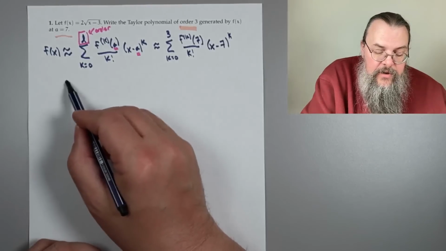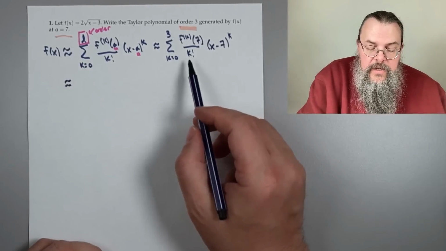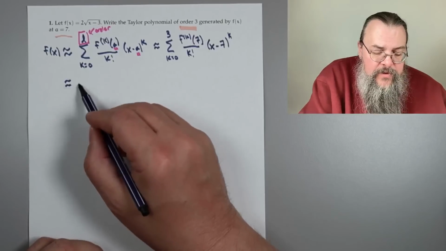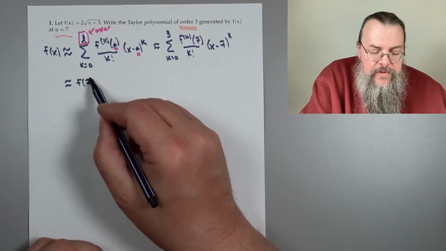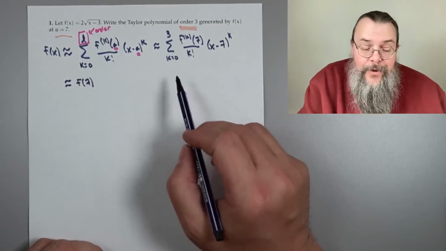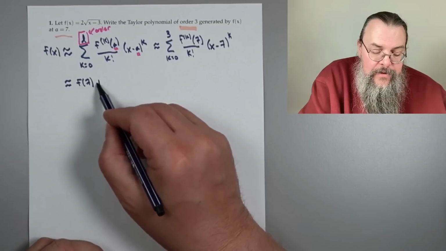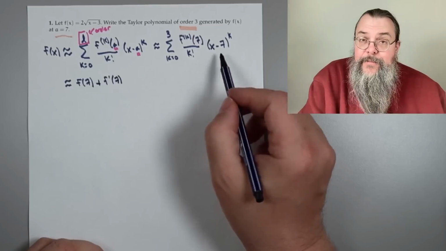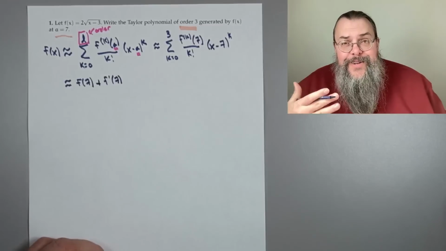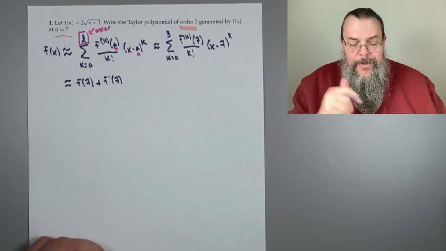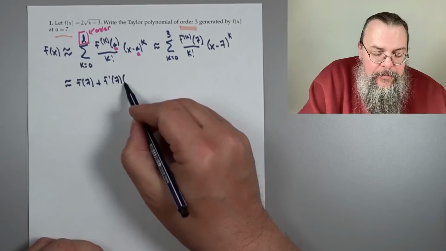Or if you write that out, well, when you plug in 0, the 0th derivative is just another name for the function. So it says take f of 7. Then you have the first derivative divided by 1 factorial. Well, that's f prime of 7. And then you're going to multiply it by x minus 7 to the 1. Well, we did multiply by x minus 7 to the 0. x minus 7 to the 0 is 1. Okay, so that's why we didn't write anything down.